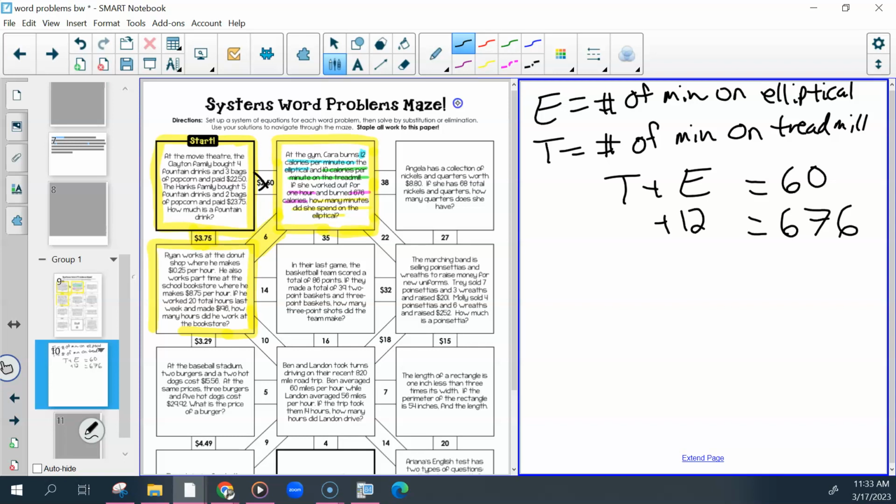And I'm going to just do it backwards because of the way we have this one. Last time we did these two problems by substitution and elimination. We're going to do this one by graphing.